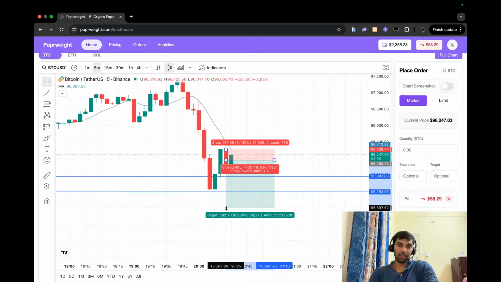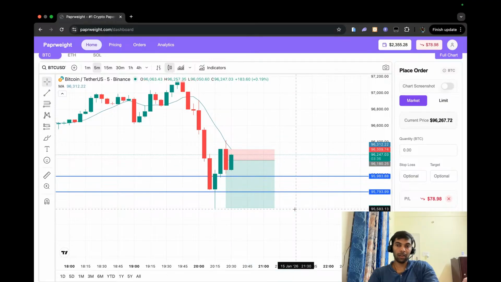Target is again at this point. 120 points is the stop loss, guys. We will take the loss at 120 points.